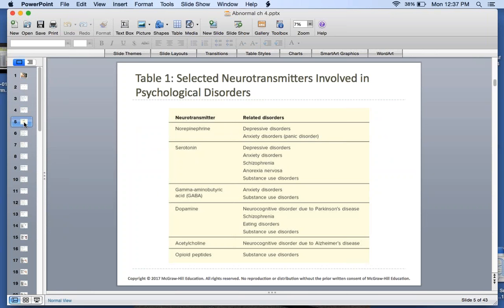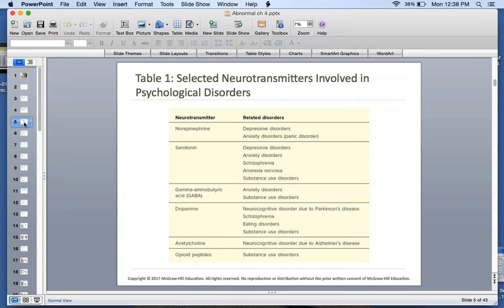Here are some neurotransmitters that we see involved in psychological disorders. Okay, norepinephrine in depressive disorders and anxiety disorders. Serotonin in depressive disorders, anxiety, schizophrenia, eating disorders, and substance use disorders. GABA in anxiety disorders and substance use disorders. Dopamine: we see this more in Parkinson's on one side of the spectrum and schizophrenia on the other side of the spectrum.